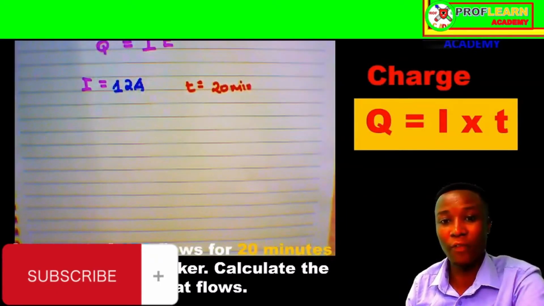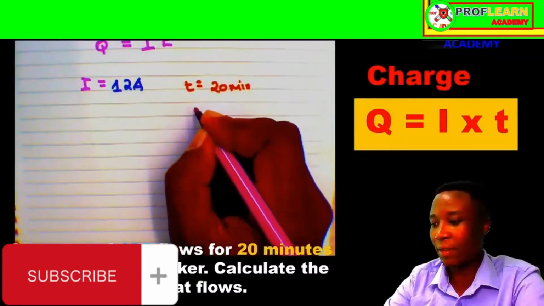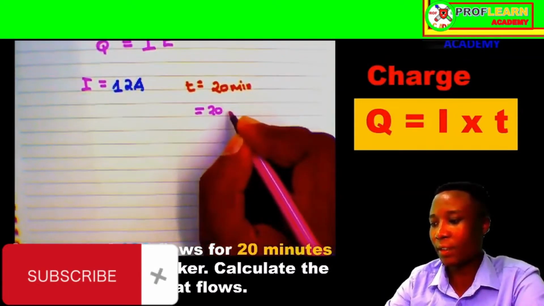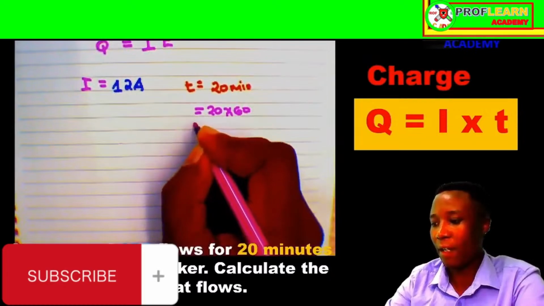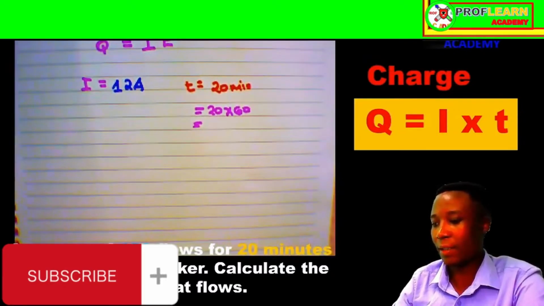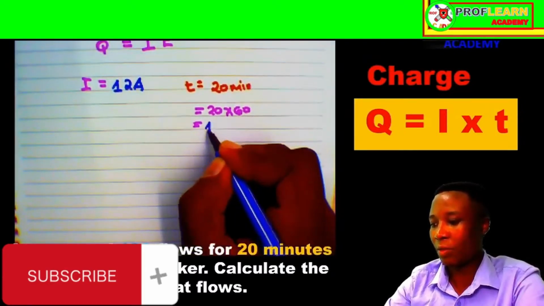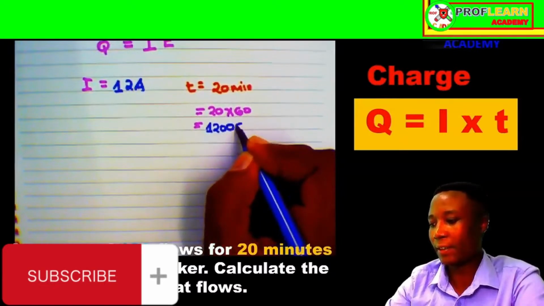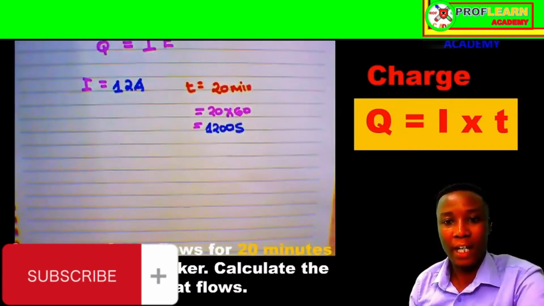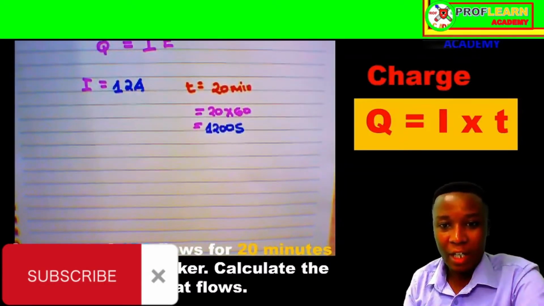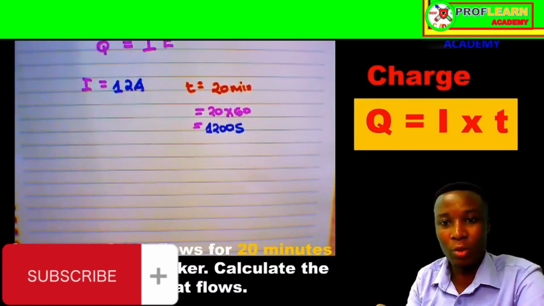We have to convert this to seconds, which means 20 times 60, and our answer becomes 1200 seconds.